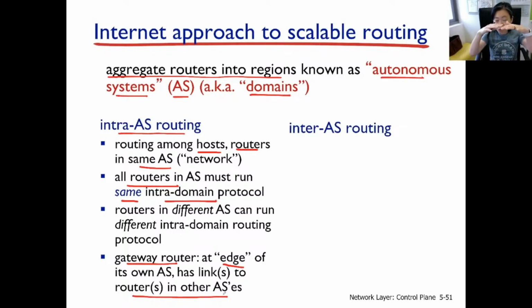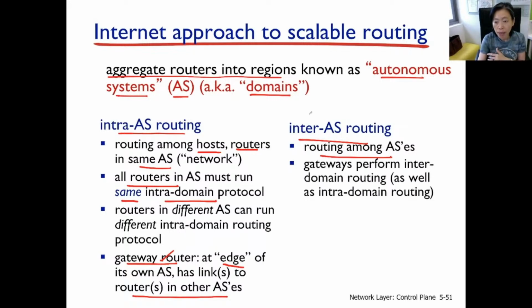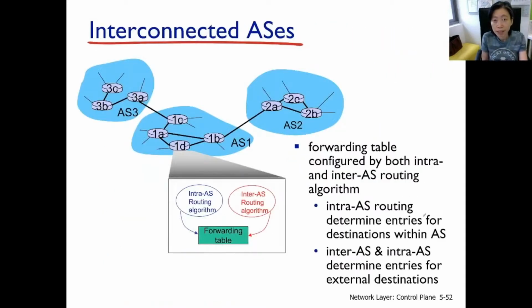And therefore, this routing protocol, running in the backbone of the internet, is called the inter-AS routing. That is the routing protocol that's running across the gateway routers. So this is the routing working among the ASs, and the gateway routers will be doing the inter-AS routing computation.